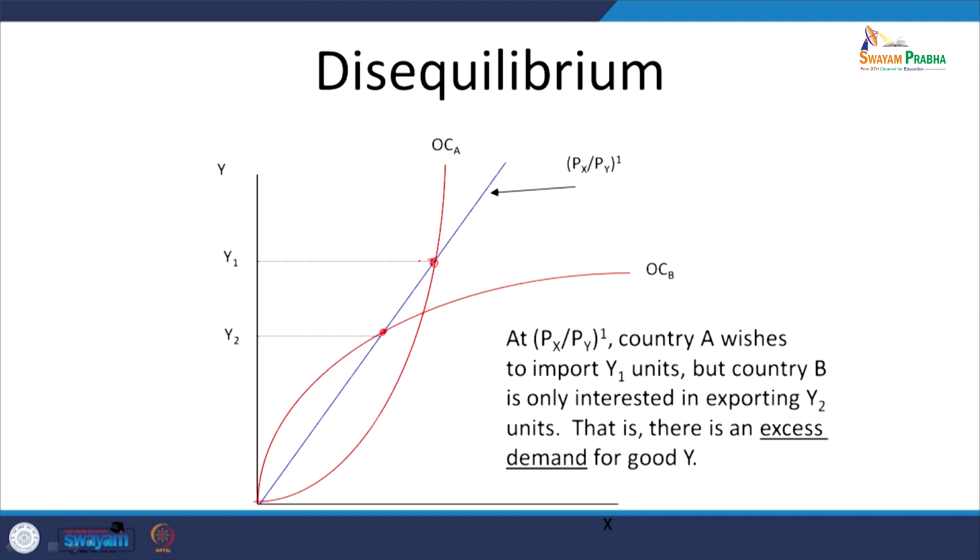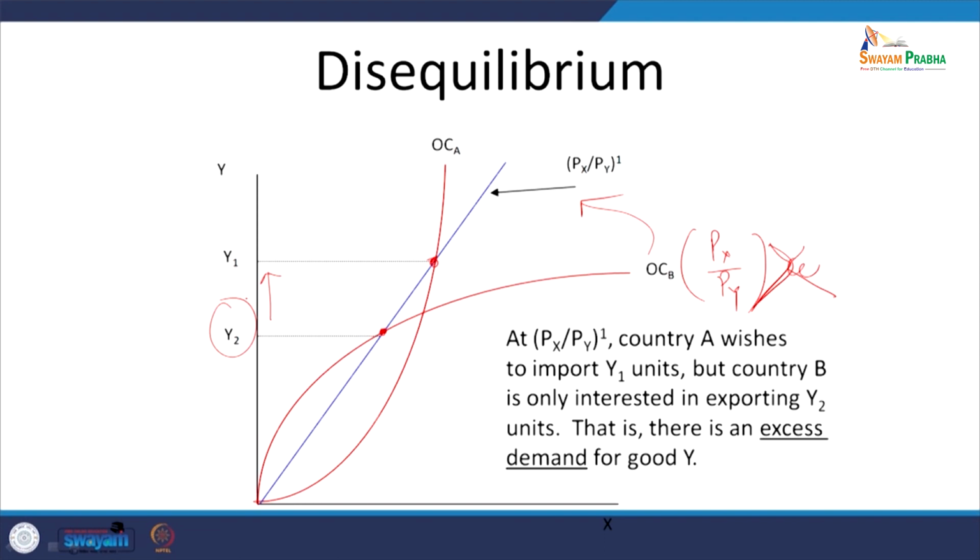Over demand leads to higher prices. So, since there is higher demand, Px by Py here is at this point, so it is higher. It is just the reverse for country B, so accordingly you can check.